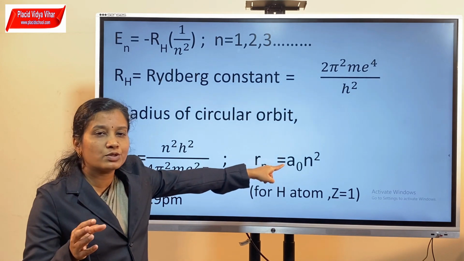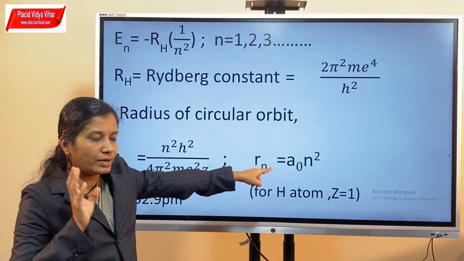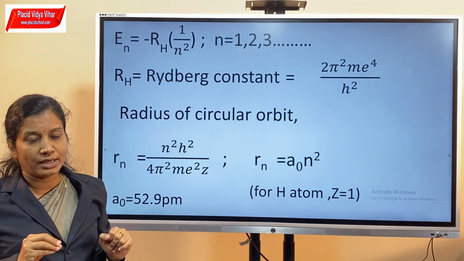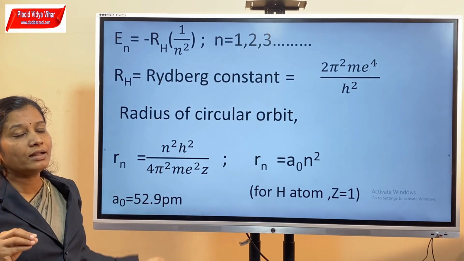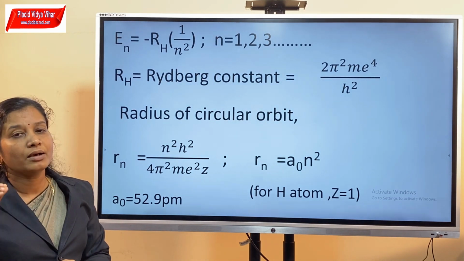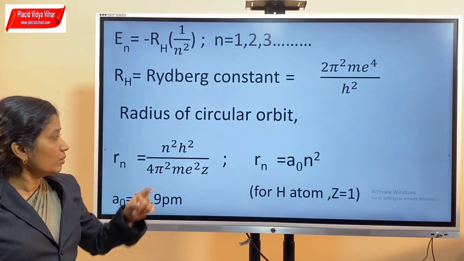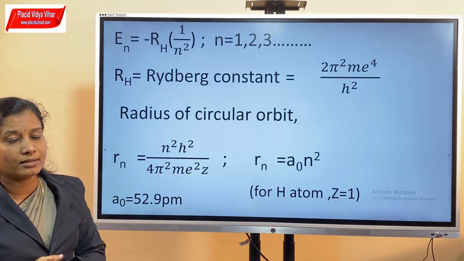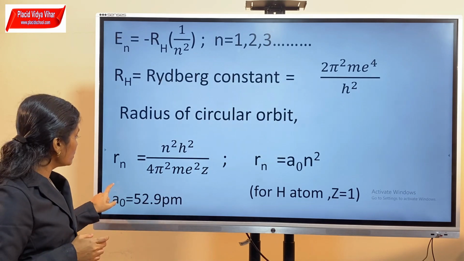After substituting all these values, we get a particular fixed value, and that is represented by a naught. Value is 52.9 picometer. a naught is equal to 52.9 picometer. So that is about the energy and the radius of the orbit. So these are the successes of the Bohr's model.